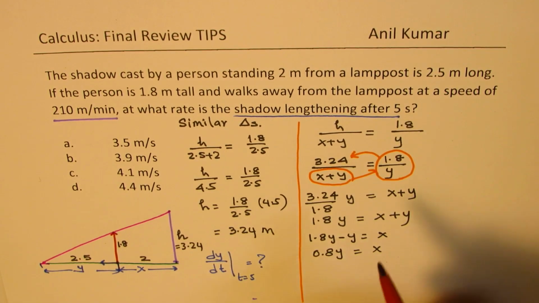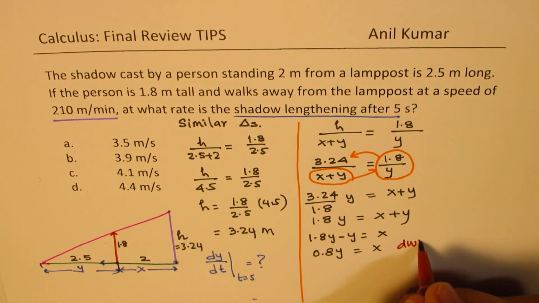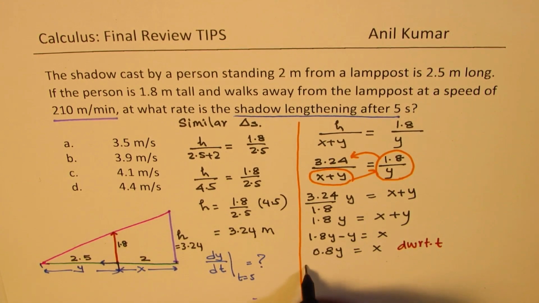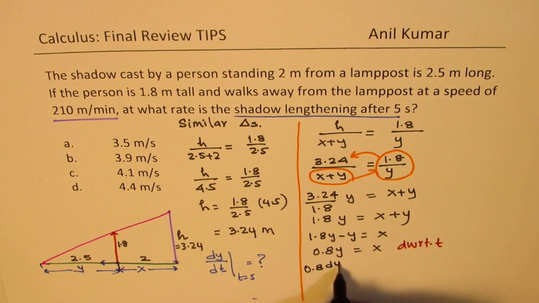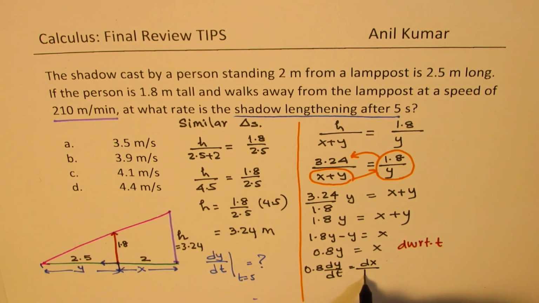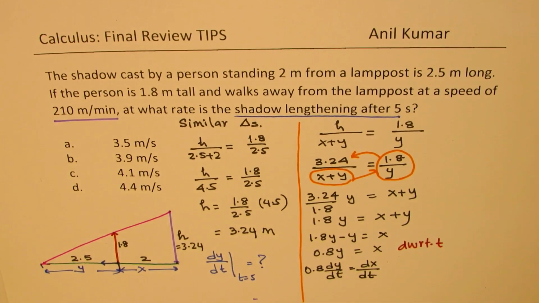Now let's differentiate with respect to time. So you get 0.8 dy/dt equals to dx/dt. Now here there is no term which is dependent on time, so this is a constant rate at which the shadow length is changing, right?